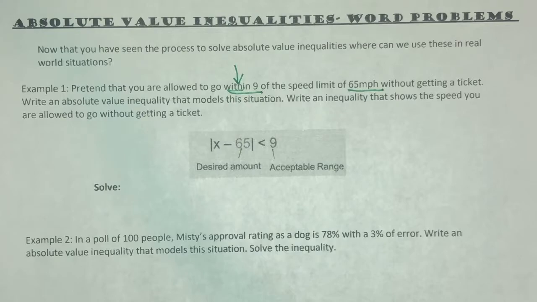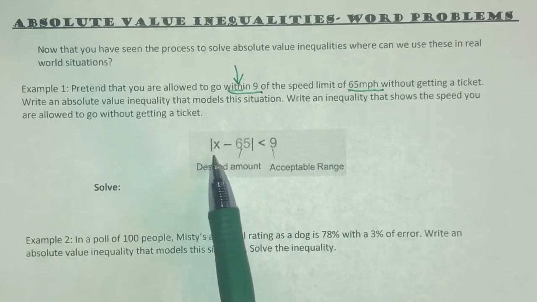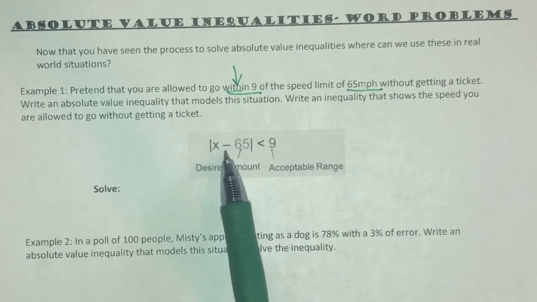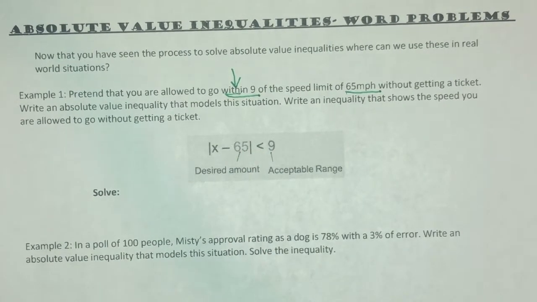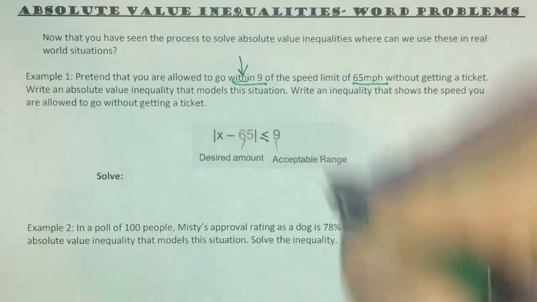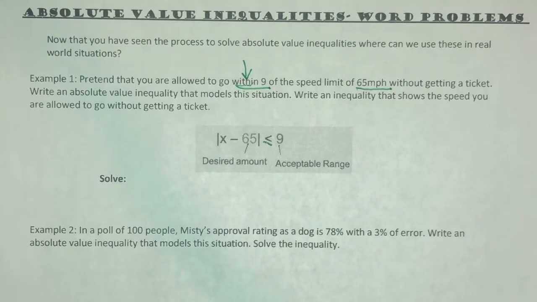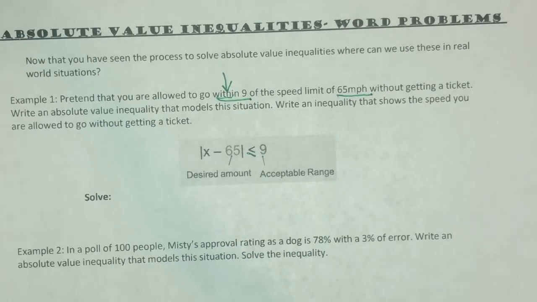Notice the difference between how fast I'm going and the speed limit can be no more than 9, meaning I can go, and it actually has to be less specifically. So I cannot go, and this should really be an or equal to, I feel. So I can go up to 9 miles over or 9 miles under.